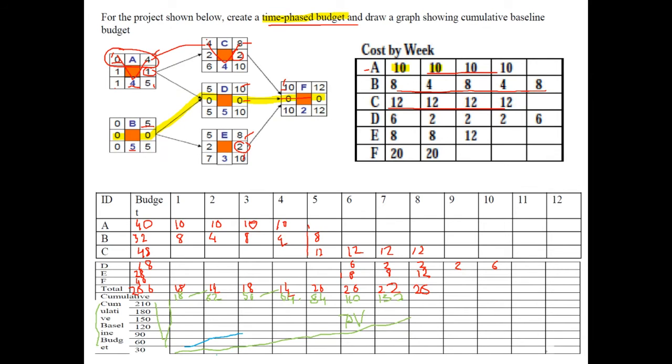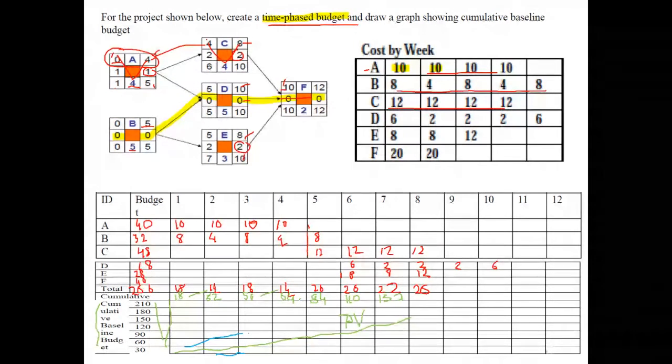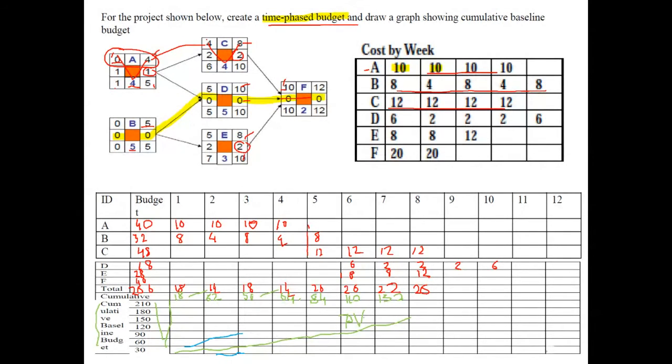Or if it is going much lower, then that may be a case of I'm underspending and I'm not producing enough output compared to what I have promised. So this PV line, or which is often referred to as a budgeted cost of work schedule line, is an important project management tool, which provides us with the anchor point to help us see how we are performing in terms of our cost.